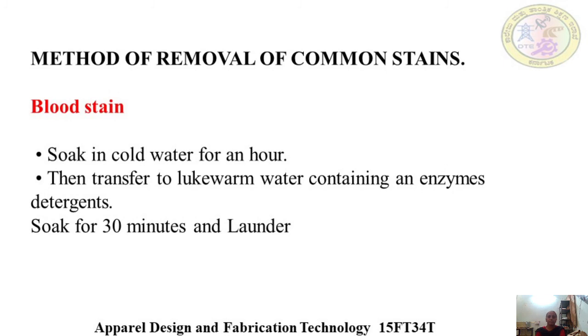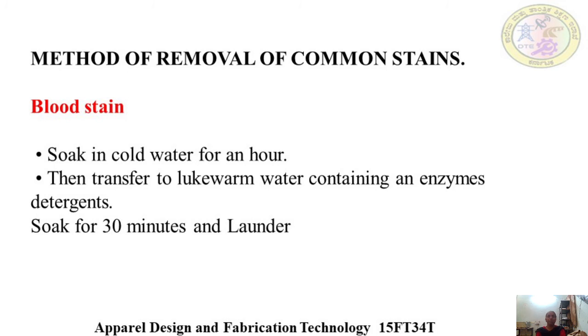Methods of stain removal for common stains. First, how to remove the blood stain from the fabric. Soak in cold water for an hour, then transfer to lukewarm water containing an enzyme detergent. Soak for 30 minutes and launder.